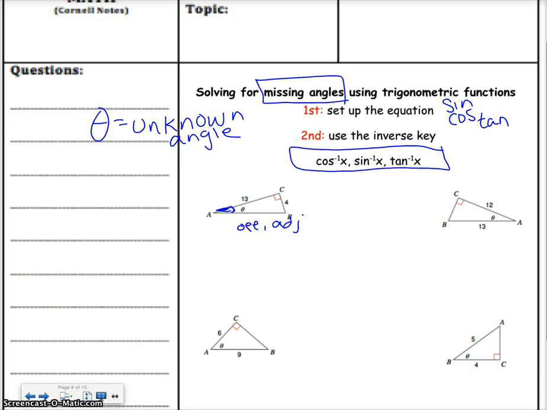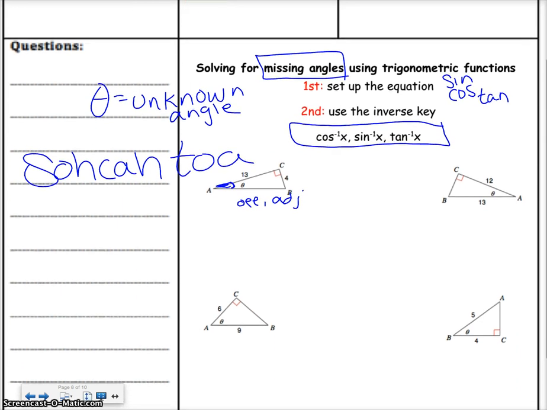So given theta, I have opposite and adjacent. I need to know which trig function I am going to use with opposite and adjacent. Which one? Tangent. So here's what I say. I say tan of theta is opposite 4 over adjacent 13.